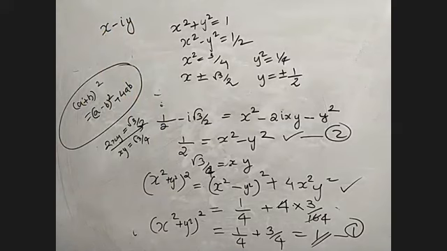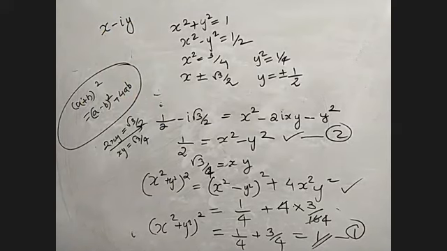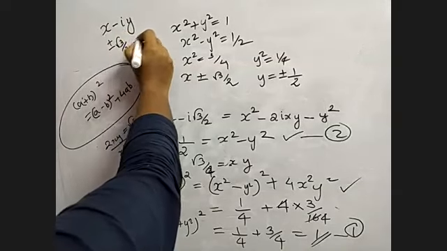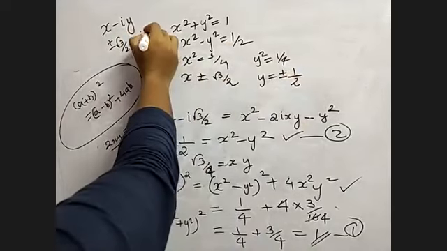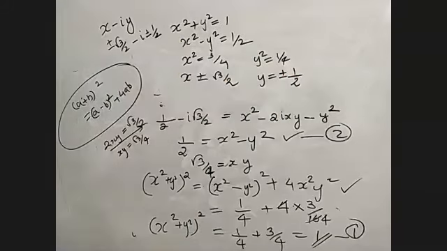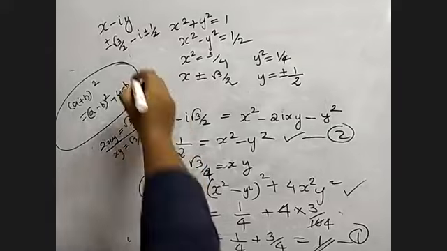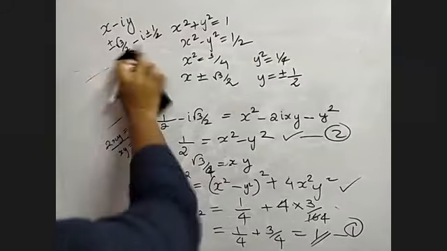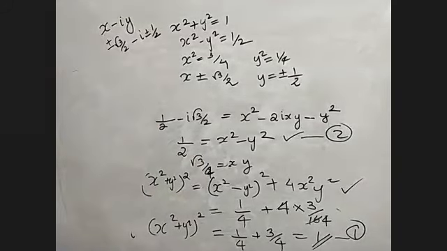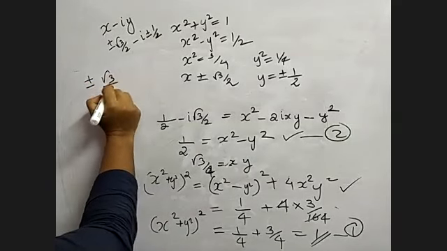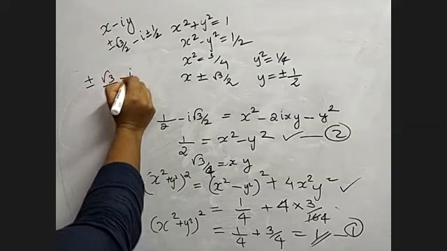In the beginning we wrote like that. x minus iy is the square root. So x is plus or minus root 3 by 2 minus i into y is plus or minus 1 by 2. So what is my square root? Square root is plus or minus root 3 by 2 minus i by 2.